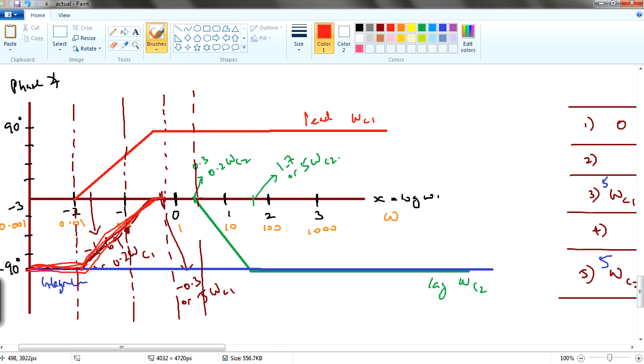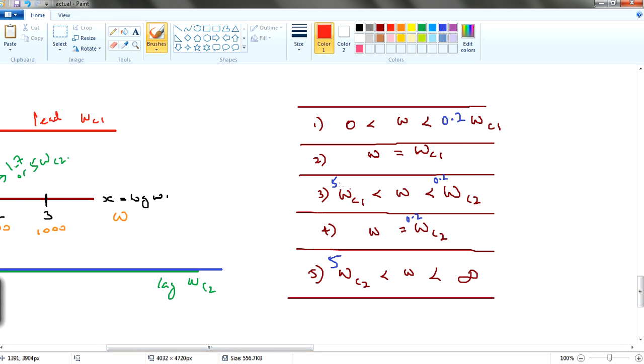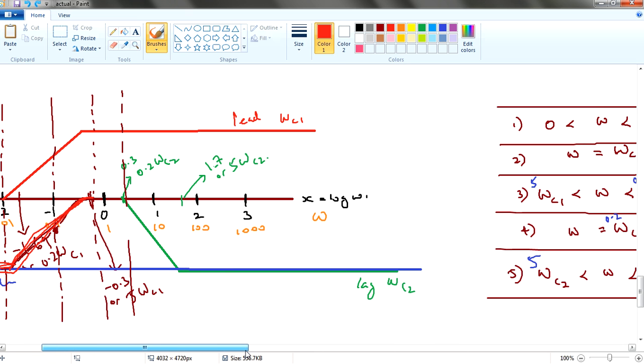And at this point to this point, which is the range I'm talking about now, the second point of the first cutoff frequency, the lead cutoff frequency, 5 times WC1, between this and this, is the first portion of the lag cutoff frequency.